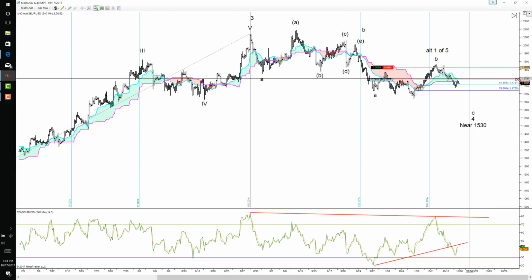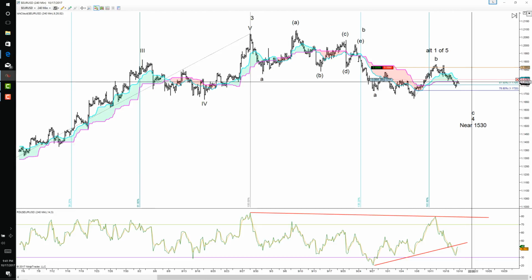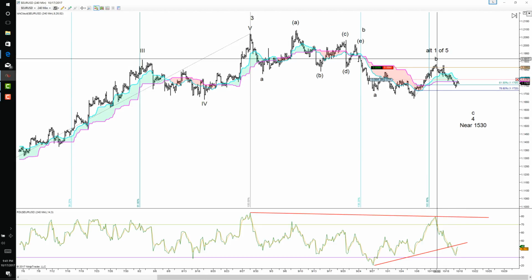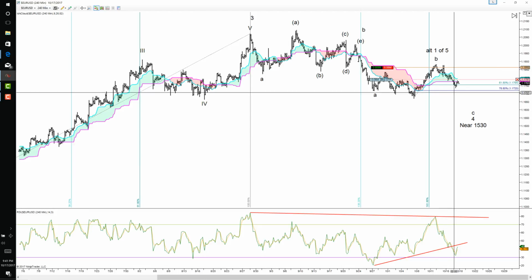So at that point, I lowered my stop to around 1787, because if it goes above 1785, then there's a good chance that this may be a low, and this can actually be the wave 1, basically, and this will be a wave 2 versus this being wave B, and now we're going to see a 5-wave move down.